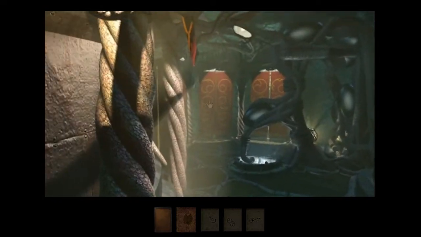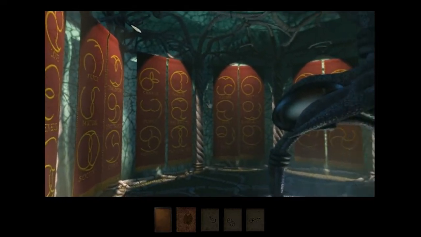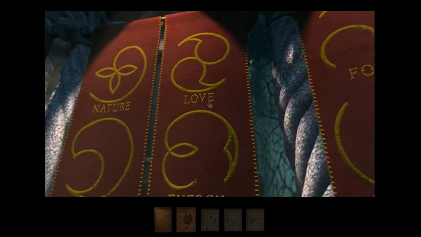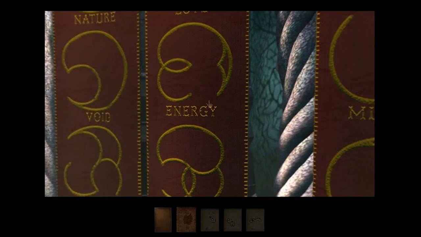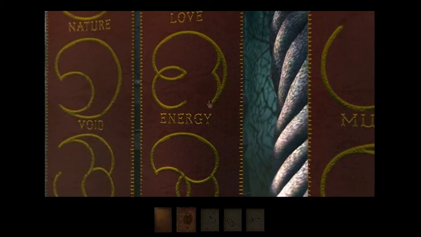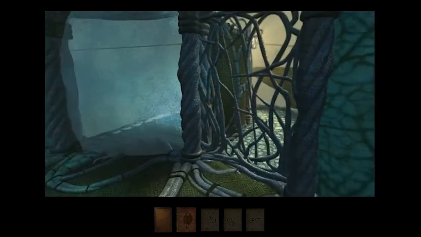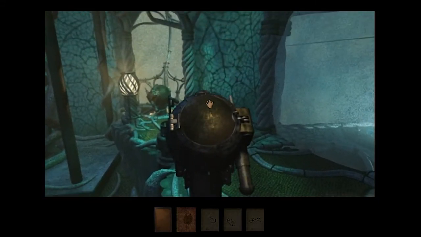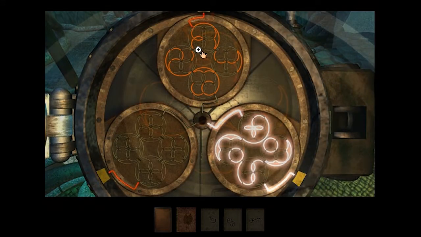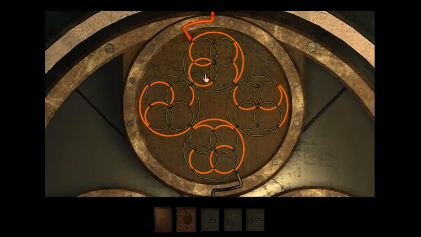Maybe it's energy that's wrong. Energy, energy. Oh, it is a full curl at the bottom. Okay, let's see if that works. That's... okay, I got these three symbols correct.